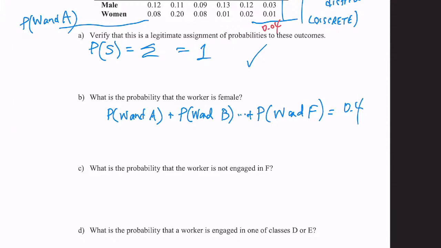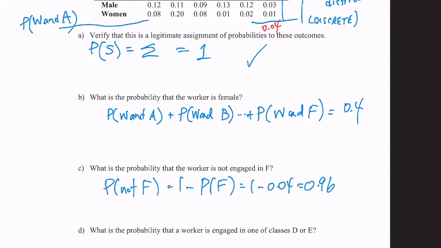So you just add across genders. And then what we really want to find is the probability of not F. So probability of not F, we already learned that's 1 minus F. So that's 1 minus 0.04, or 0.96. So yes, 96%.